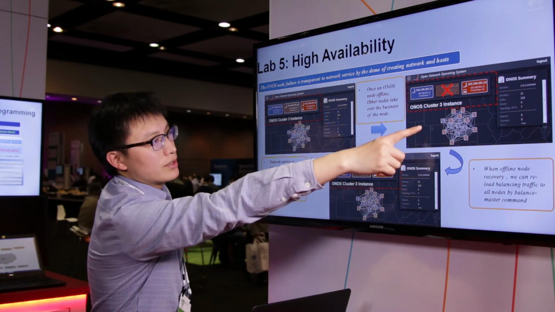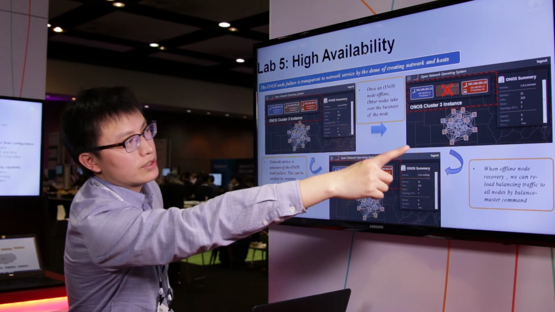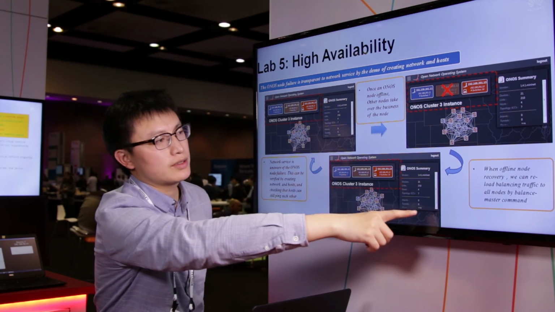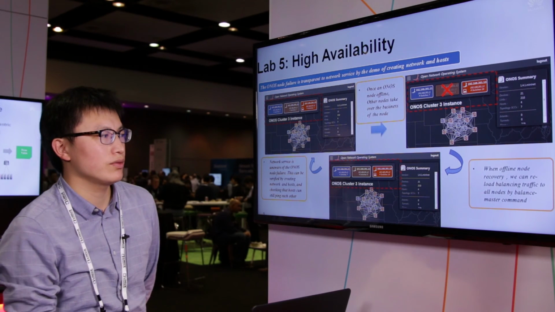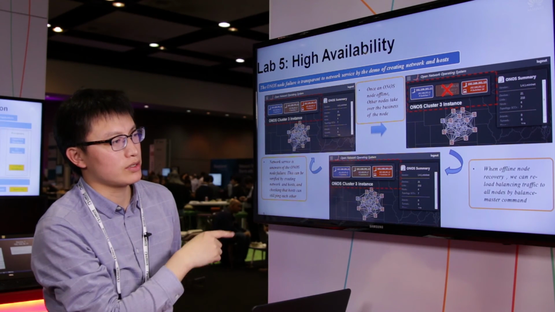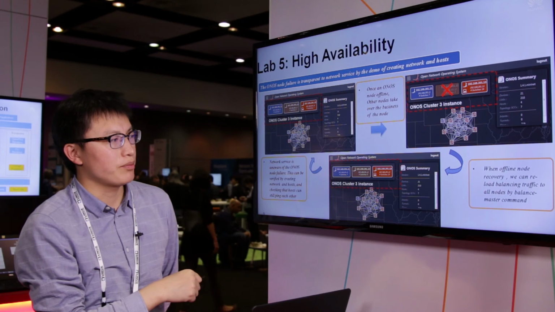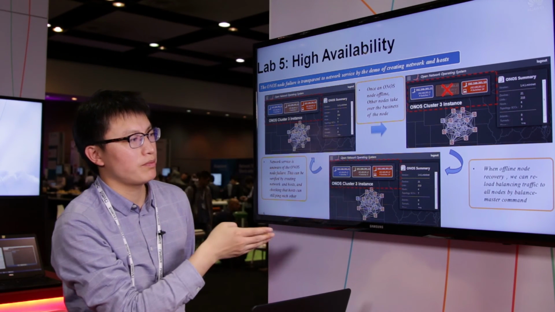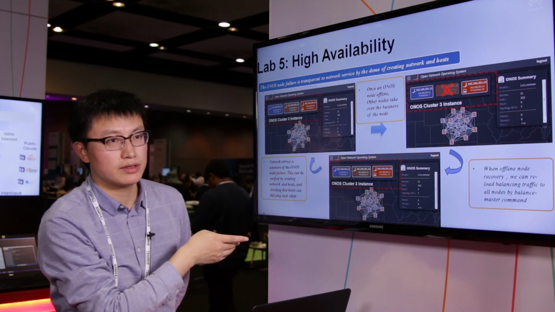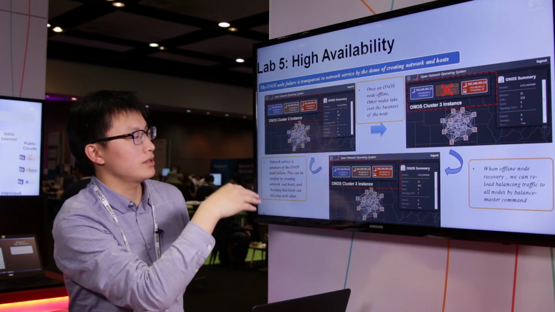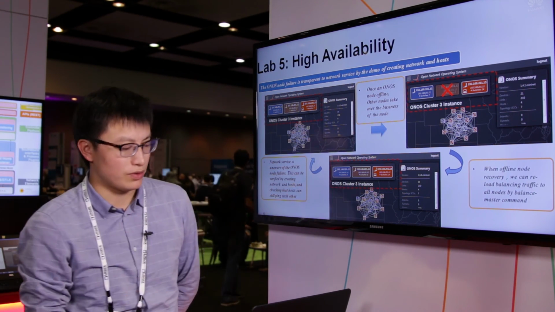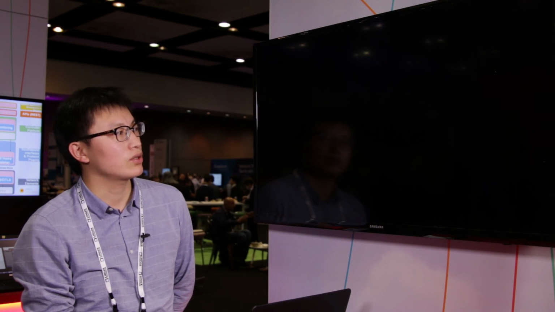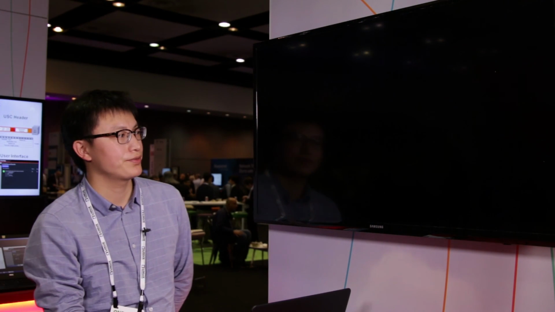In this picture, we can see the third controller take over. When the offline node recovers, we can use a load balance command to equalize the switch numbers, so the picture returns to the original view. That's all. Thank you.